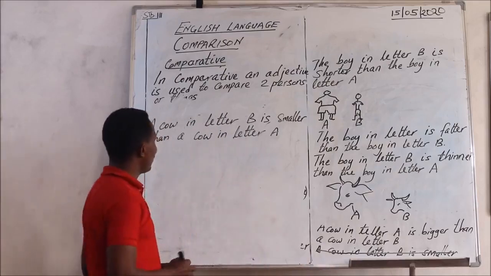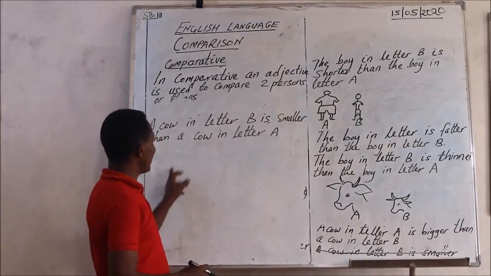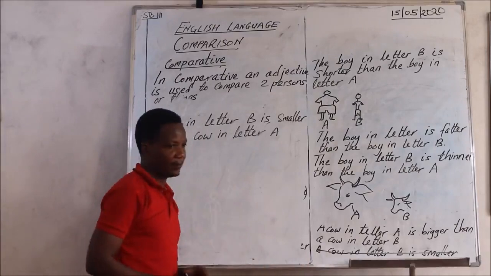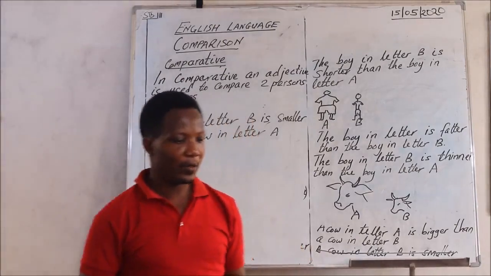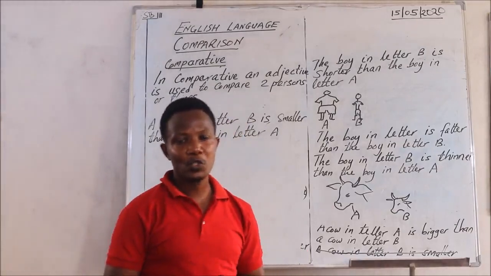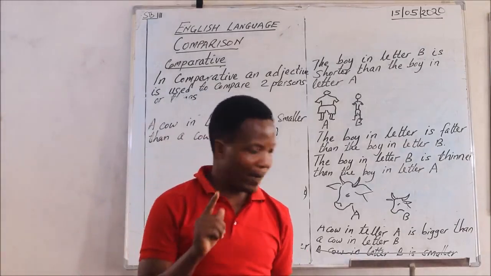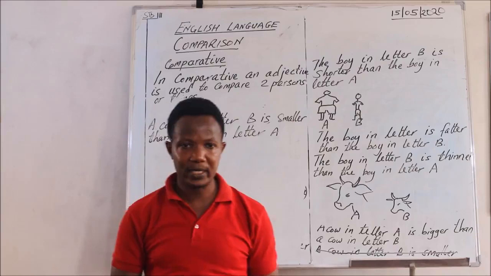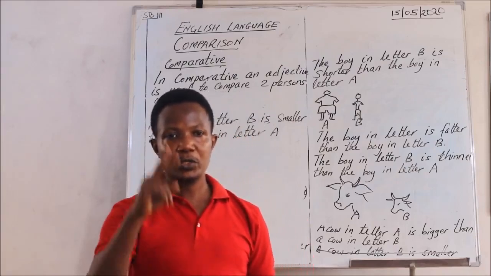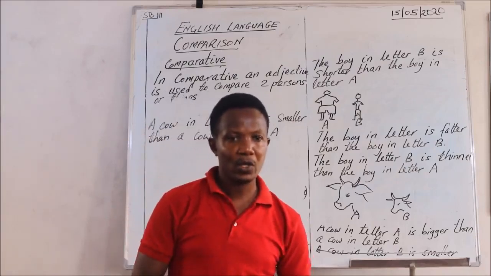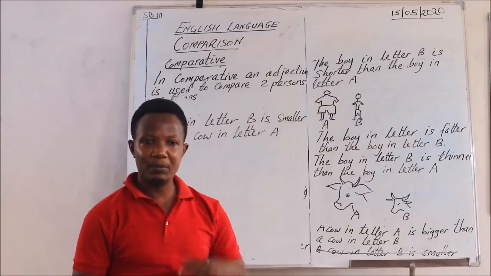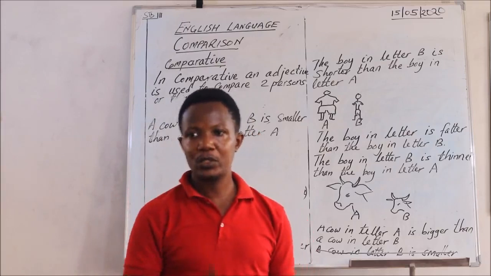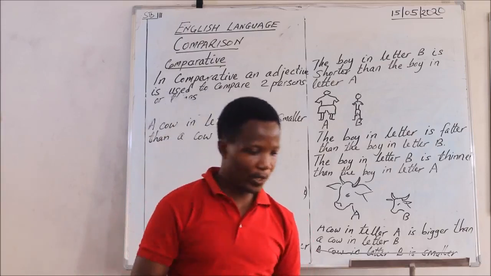So, a cow in letter B is smaller than a cow in letter A. I think you have seen how to compare, but mind that in comparative, we are comparing two things, two persons. An adjective must be used in comparing two things, two persons.